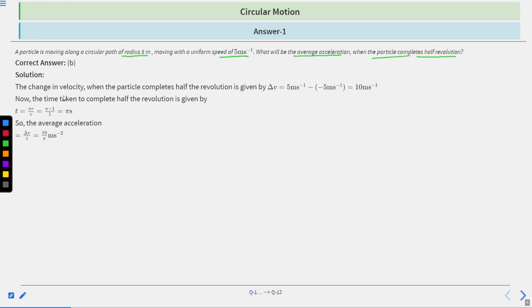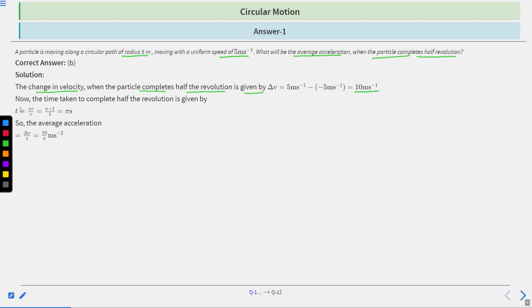The change in velocity when the particle completes half the revolution is given by delta v equal to 5 meter per second minus (minus 5 meter per second). Solving this, the change in velocity is equal to 10 meter per second.